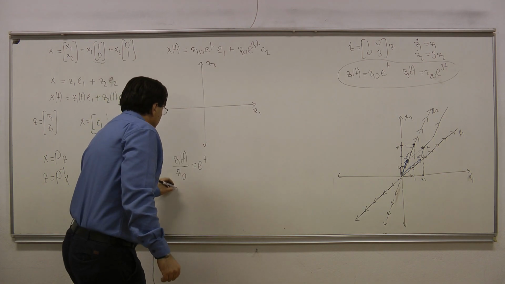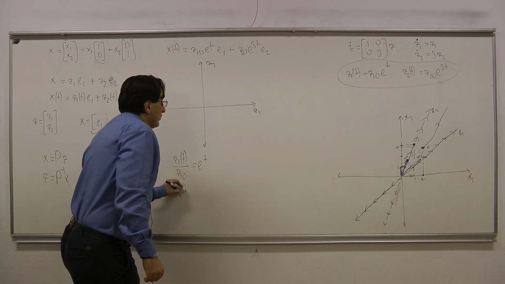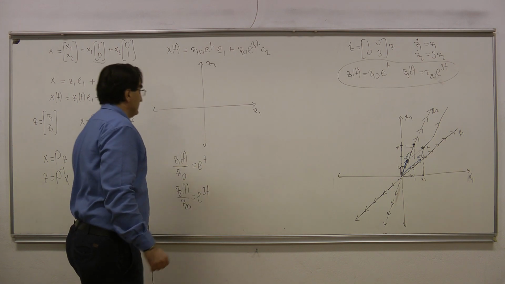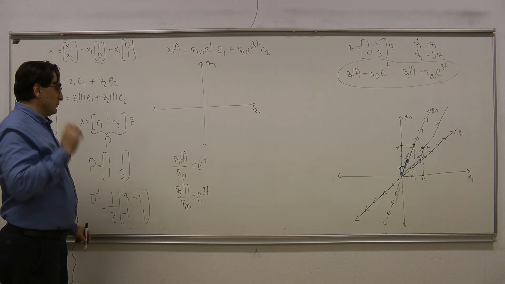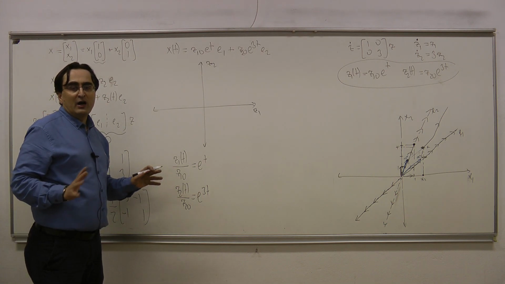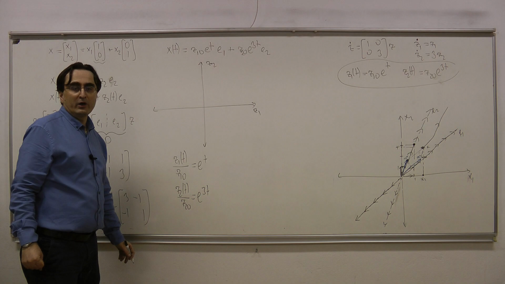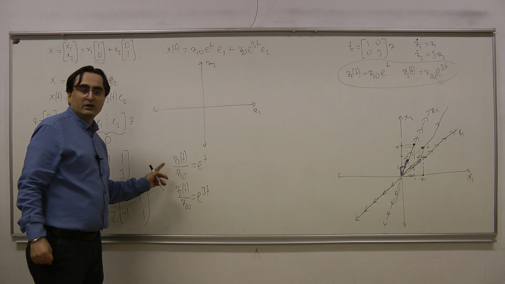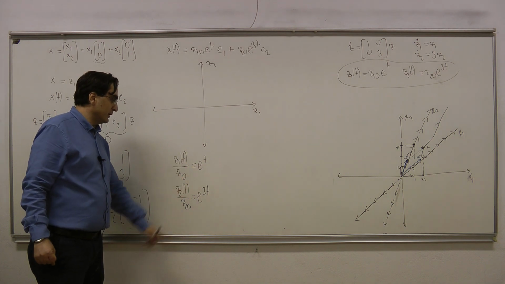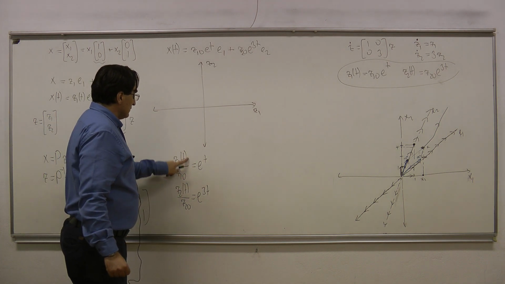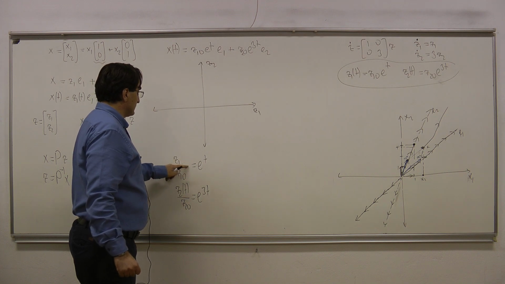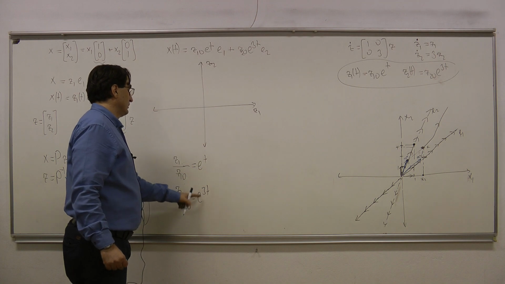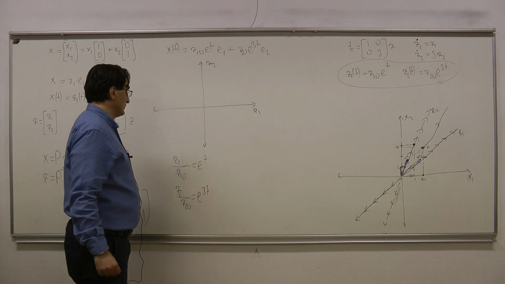And the second equation I can write as Z2 of t over Z2, 0 equals e to the 3t. Now I want to get rid of time from both of these equations, and get a single equation relating Z1 and Z2 together only, without time.